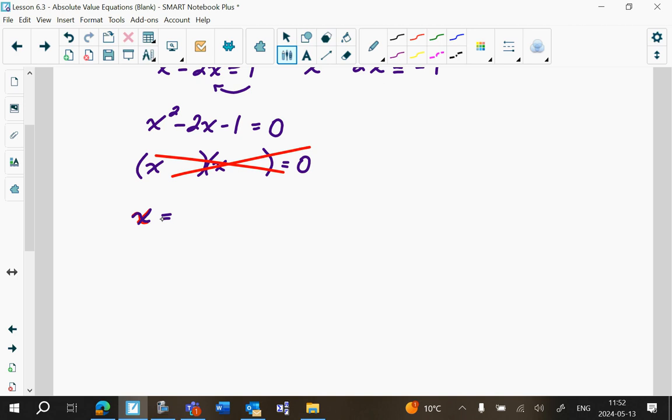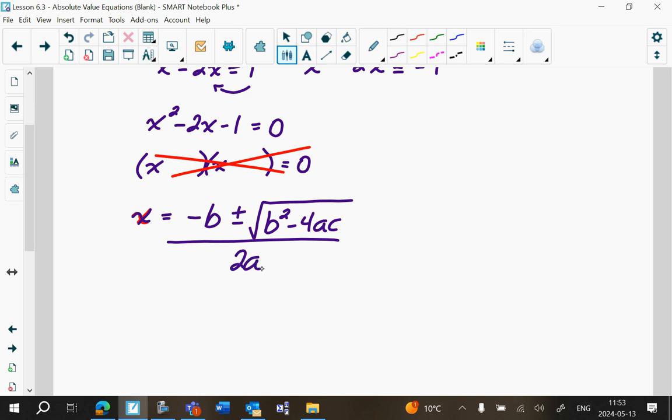Negative b plus or minus square root all over 2a. So this would be an example. If I gave you a question like this, I wouldn't ask you to check them, because it's very difficult to check this one when you've got radicals. Okay, we'll just assume that the checks work.